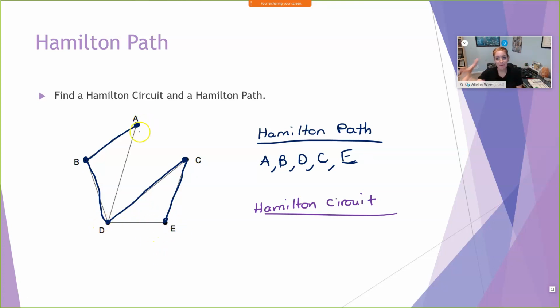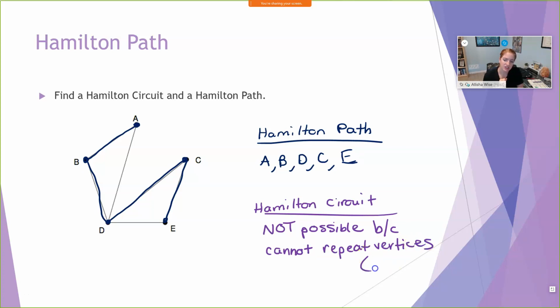So the only way to get back to A, yes, there are edges we haven't traveled, which is great, but we'd have to repeat that vertex D. So in this graph, a Hamilton circuit is not possible because we cannot repeat vertices. And D is the problem child here. We'd have to repeat D to get back to A. There's no direct line from E back to A. And you notice even if you played around with that, there's no circuit possible.